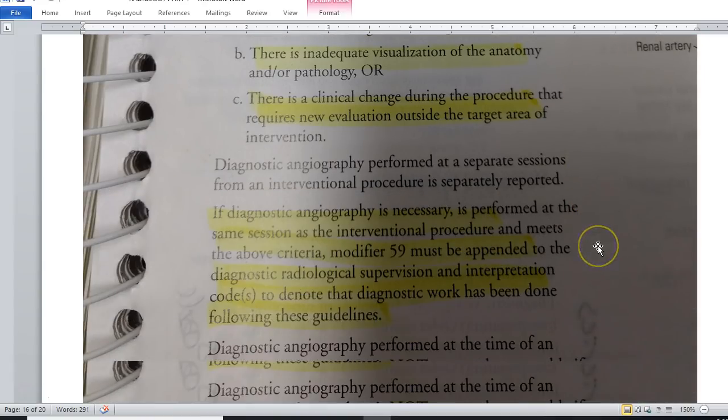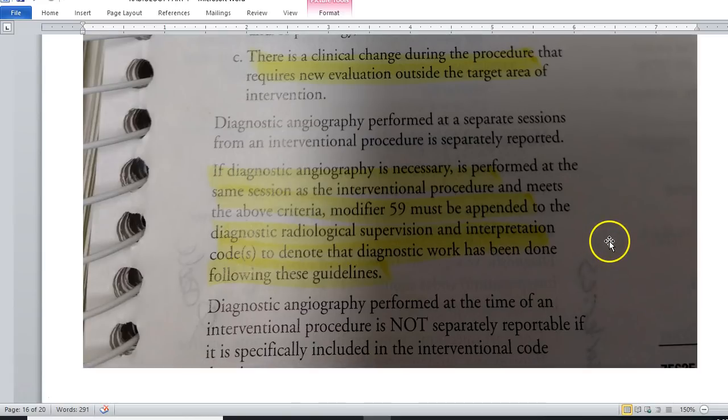It goes on to tell us that diagnostic angiography performed at separate sessions from an interventional procedure is not separately reported. If diagnostic angiography is necessary, is performed at the same session as the interventional procedure and meets the above criteria, meaning it was separate or new, modifier 59 must be appended to the diagnostic radiological supervision and interpretation codes to denote the diagnostic work has been done following these guidelines.